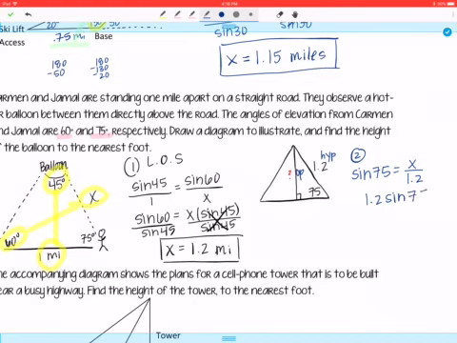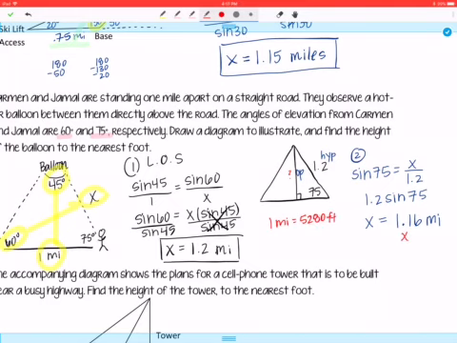Multiply 1.2 by the sine of 75, and we get that the height of the balloon is 1.16, so that's roughly 1.16 miles. Remember to convert miles to feet. 1 mile has 5,280 feet.